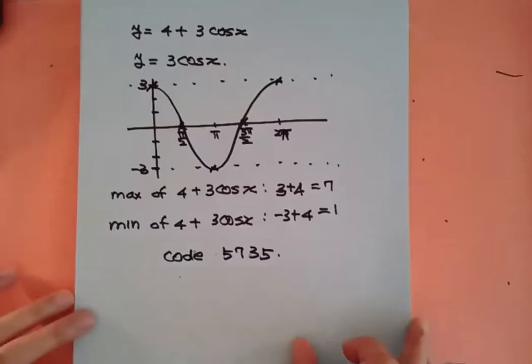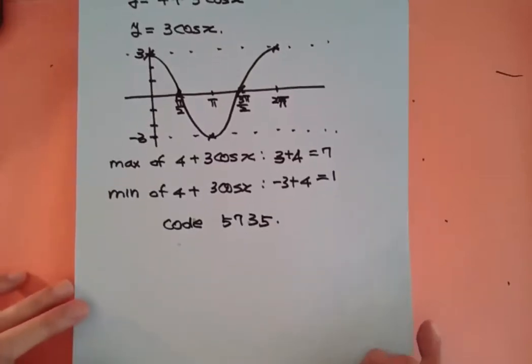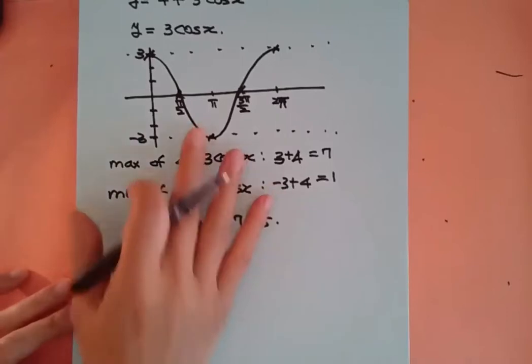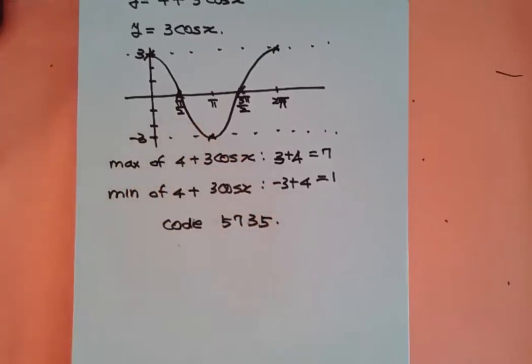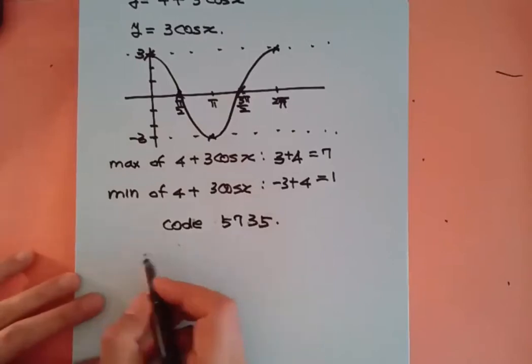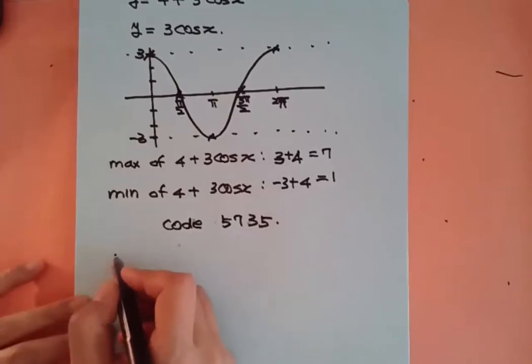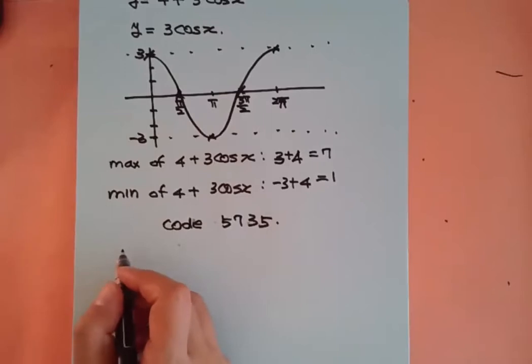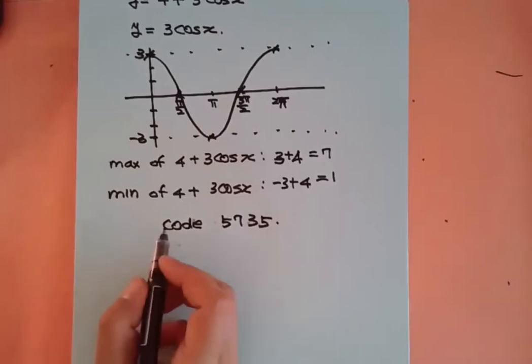So after we draw this graph, we will transfer the two graphs into one plane. Before we do that, we will calculate the intersection point.